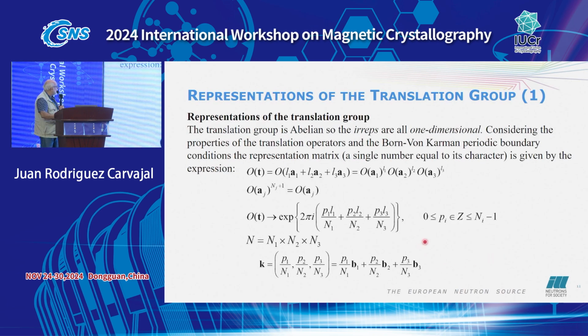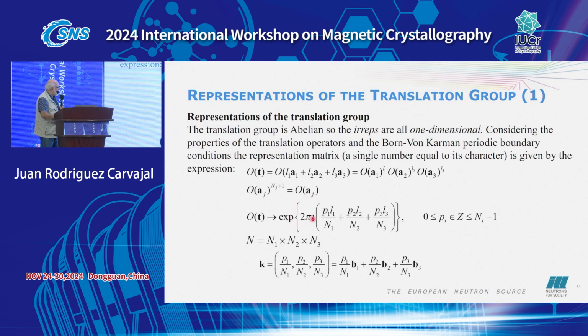Then the translation group, we will enter into the details of how to deduce that. But this is a way, for example, the operator of a translation here, you see that can be written like that. Operation on A1, repeated L1, repeated L2, etc. And the only function that is able to do that, putting in the condition, the von Karman conditions, is the exponential.